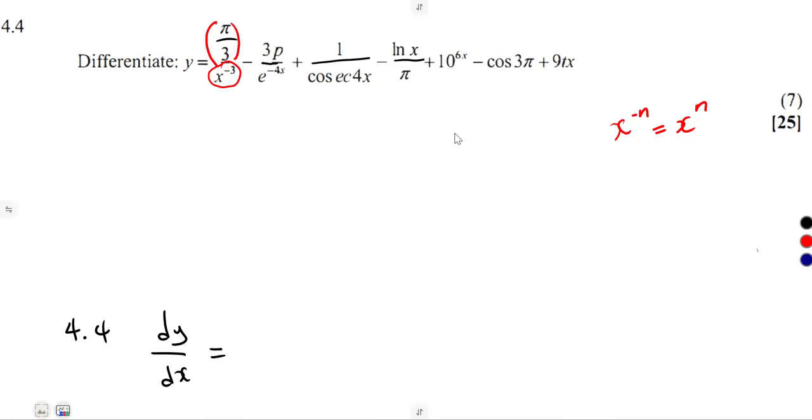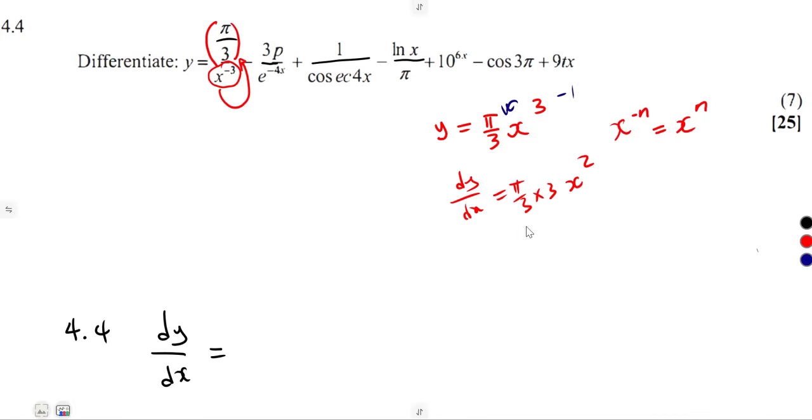So y is equal to pi over 3, we take the x up, so it will be x to the exponent of a positive 3. Then we differentiate with respect to x: drop the exponent and subtract 1. It's going to be pi over 3 times 3x squared. This one and this one cancel, so that'll be pi x squared. That's our derivative.